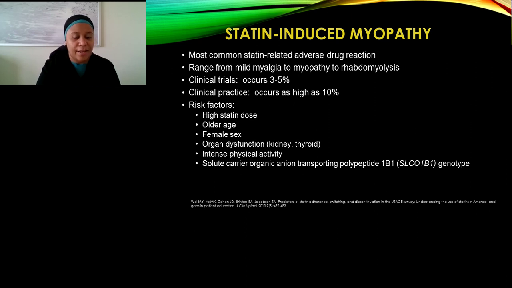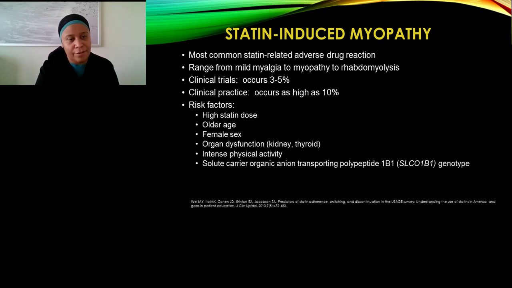Statin-induced myopathy, I had referenced it earlier, where patients may have myopathy. But now we know that it's not every patient that gets myopathy. It's patients with reduced activity for the SLCO1B1 gene. That's the transporter that gets the statins out of the muscle tissues.